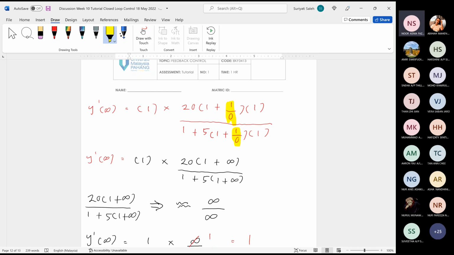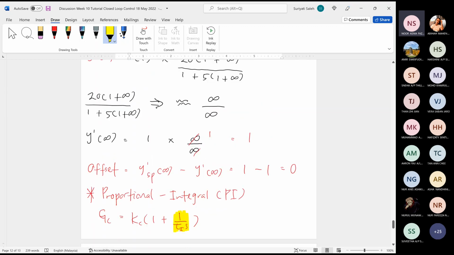That is the theory. This is the thing that you need to understand. Whatever the value you use for the PI, in the end, you will get the 0 offset. So this is the advantage of using PI controller. The limitation is that the offset is only calculated at time equal to infinity, or we can say at the final time.